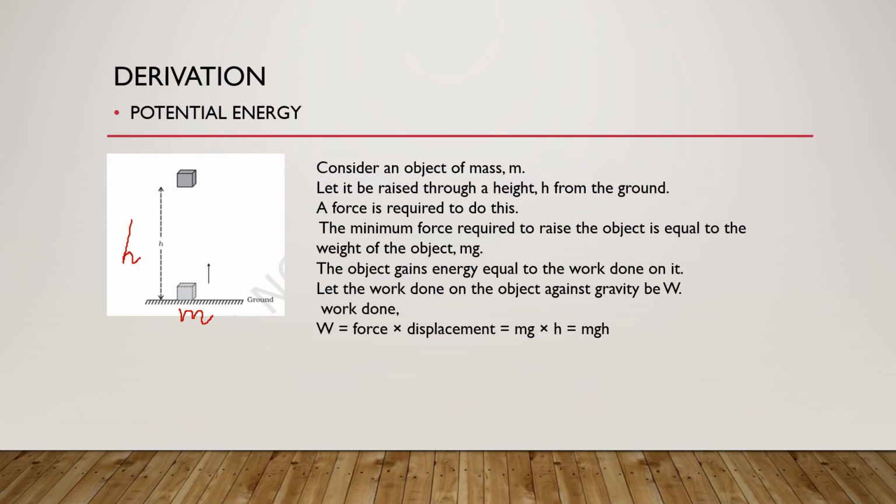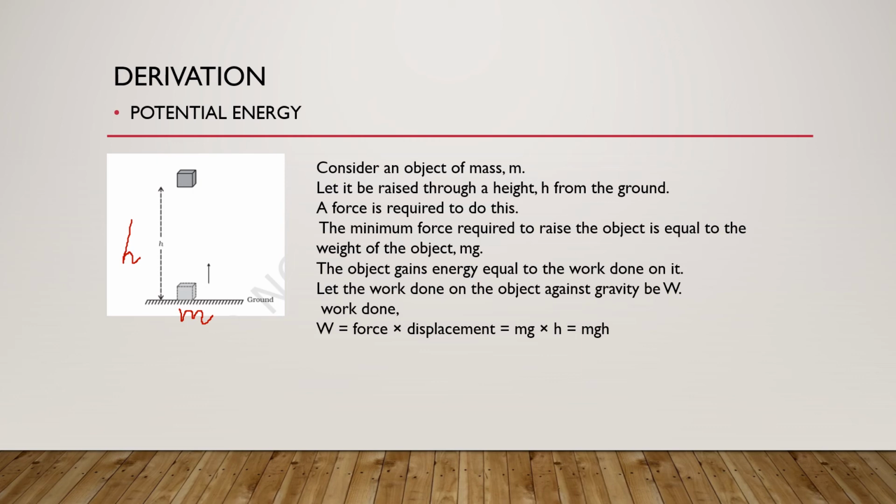So a force is required to do this. Obviously, force is required in order to raise an object of mass m. If we are not applying force on the object, we are not able to raise it up. So we need to apply a certain force F on it, isn't it? And the minimum force required to raise the object is equal to the weight of the object, that is mg. Why are we considering g?